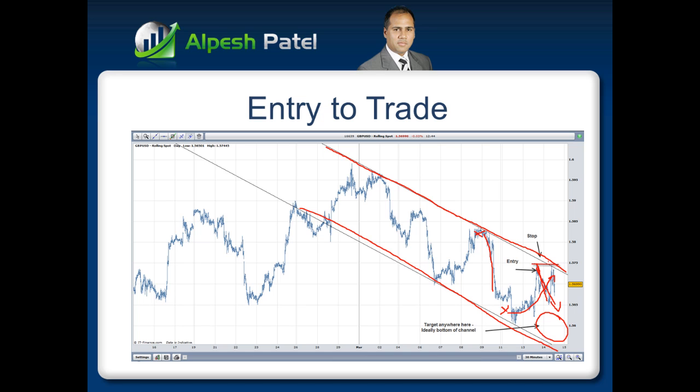Equally, we might say, I'll take the opposite trade. If it breaks through it, then I'll expect it to continue in that direction. But on the whole, we expect it to bounce off a support and off a resistance. That gives us buy and sell points when we're looking at these charts. A very simple, straightforward strategy. I'll go through in future videos more complexities of placing stop losses and so on.